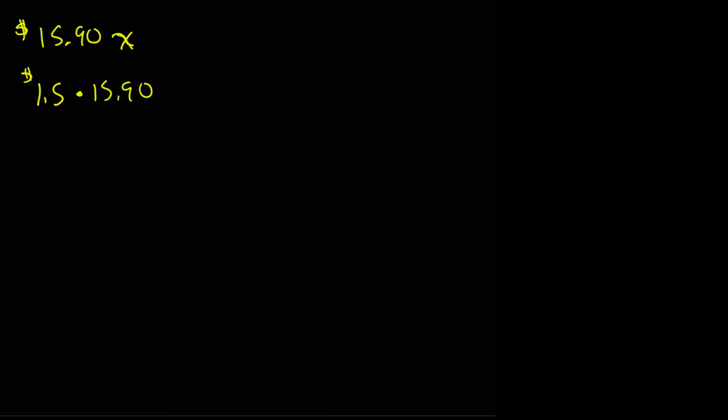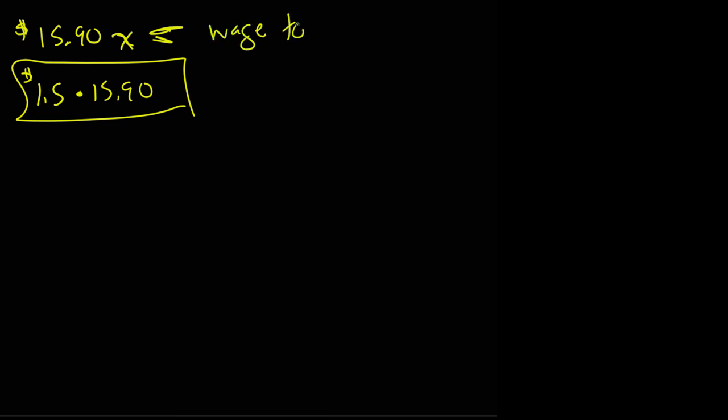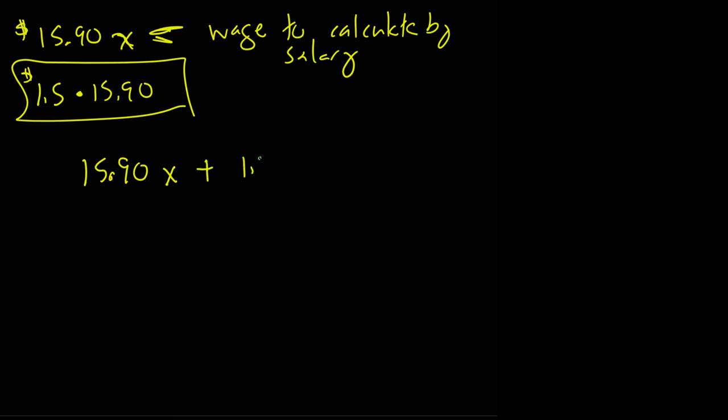And what I want to do here is jump to how we can put this all together. This would be how I would use my wage to calculate my salary. I would do 15.90 times my regular hours, and then I would do my overtime rate, which is 1.5 times 15.90.